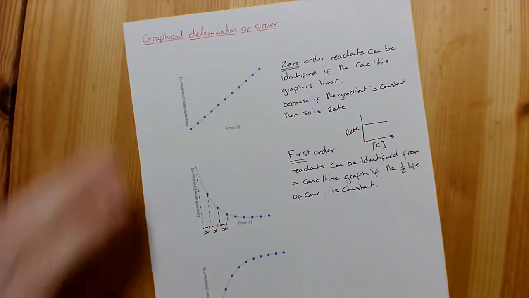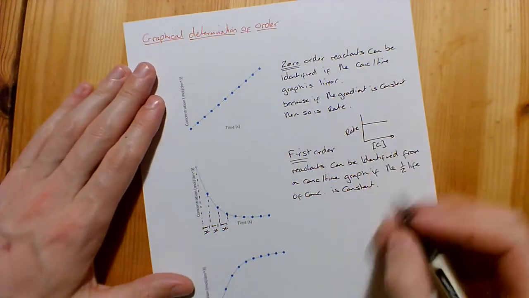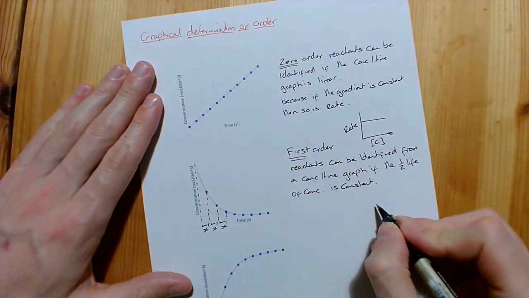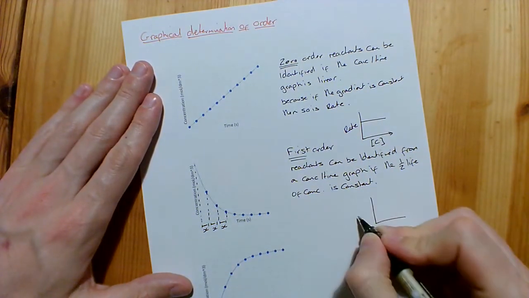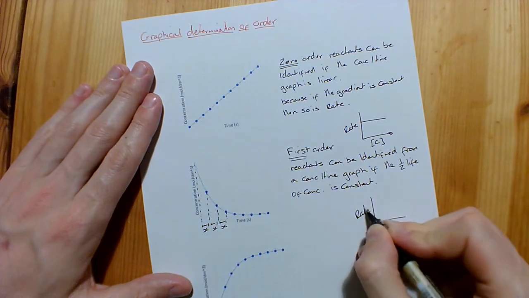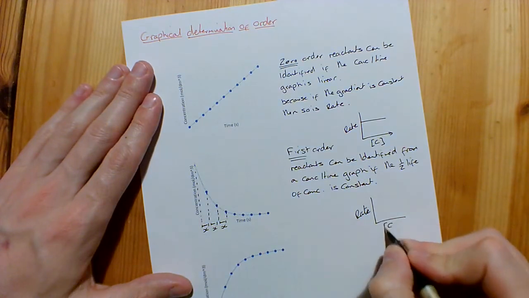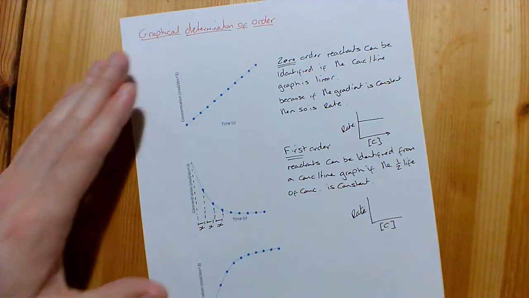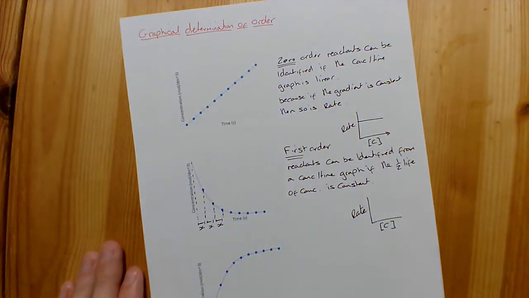Secondly, what you could do is you could plot a rate concentration graph. And how you would do that is you would need to take tangents at a minimum of 3 different concentrations.